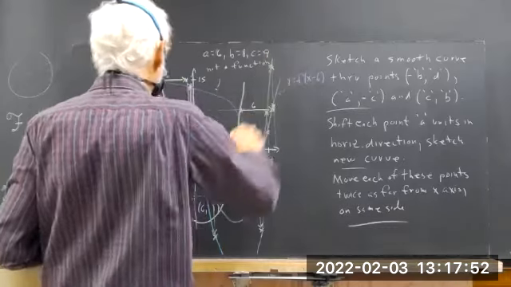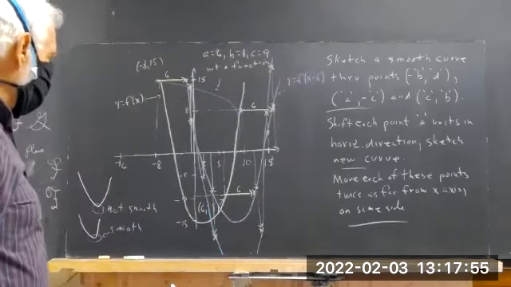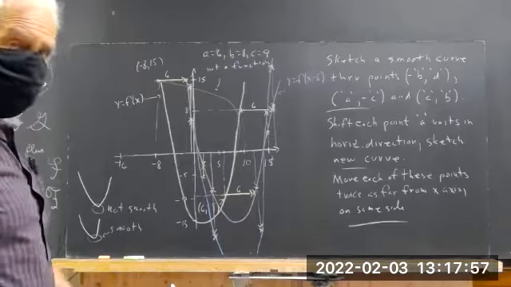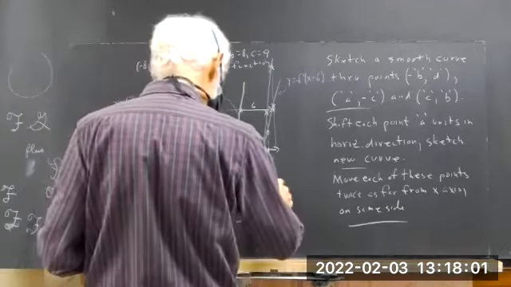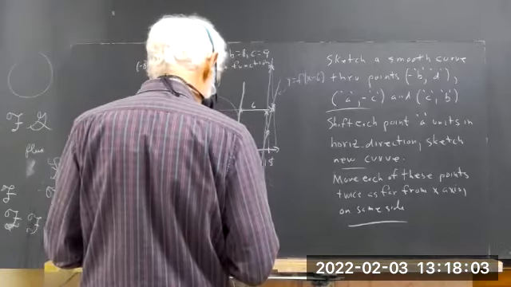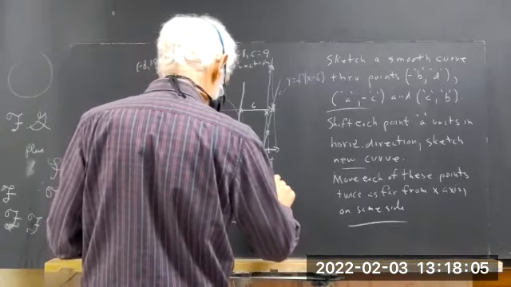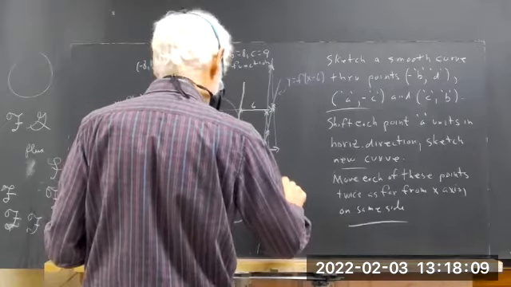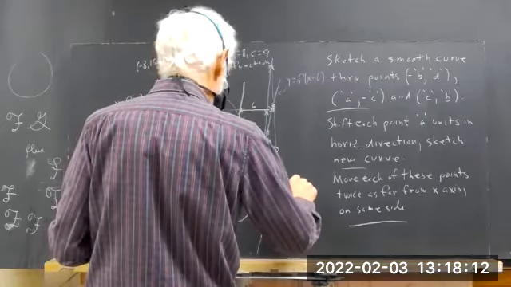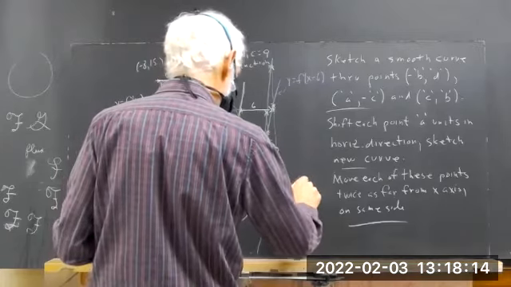And here. Okay. So this would be the graph of 2 times f of x minus 6.